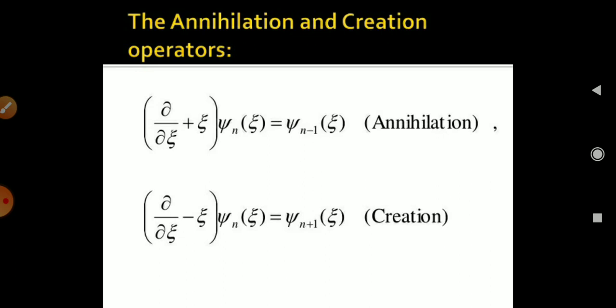So we will get two values, by elimination, of the raising and lowering operators. We will get (del by del epsilon plus epsilon) psi n(epsilon) gives psi n minus 1(epsilon), and (del by del epsilon minus epsilon) psi n(epsilon) gives psi n plus 1(epsilon).